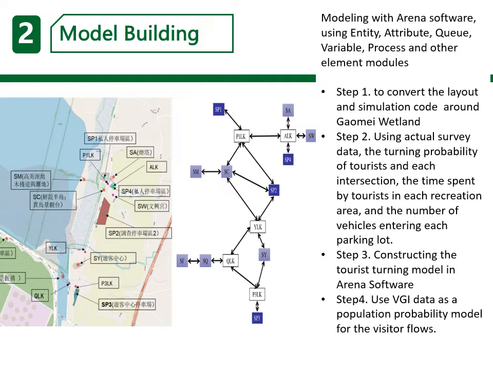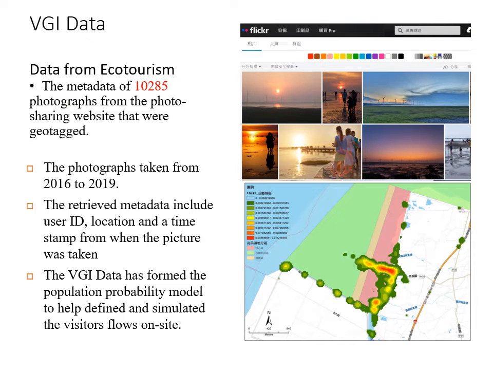At the final stage, we apply the VGI data as a population model. For the VGI data, we collected almost 10,000 photographs from a photo sharing website that has geotag information from 2016 to 2019.